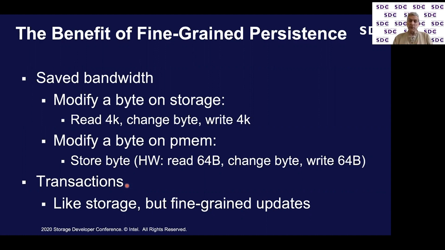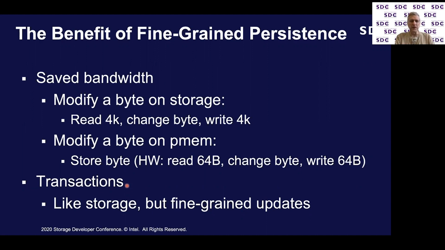But with persistent memory, you have these fine-grained updates. You can make a log that has 64 byte entries in it, or you can even do some more clever programming where you don't need to log by doing shadow pointers or some other things that we'll talk about in a little bit. So this is the benefit of the fine-grained persistence. You get to do these things that literally aren't possible in storage, but they're still memory-like and they're still persistent.